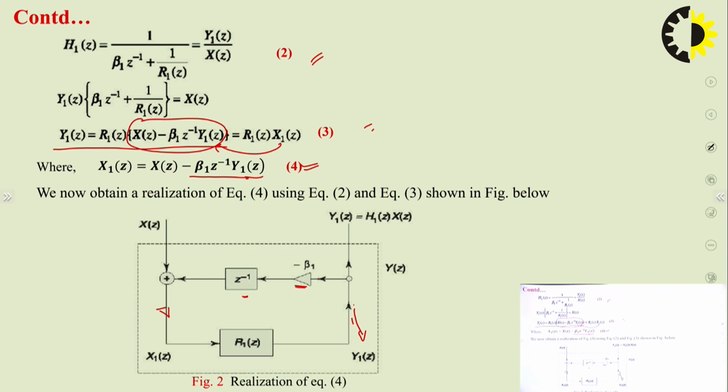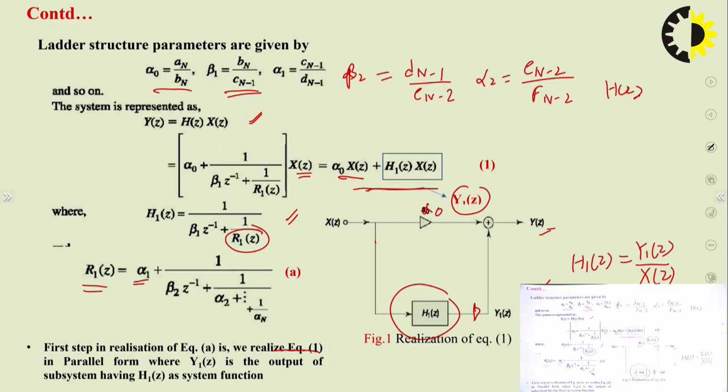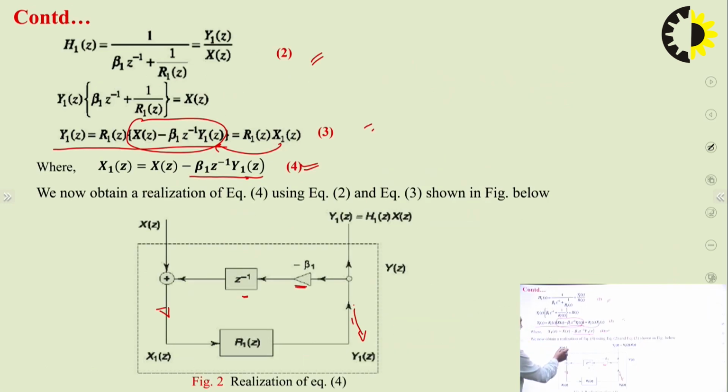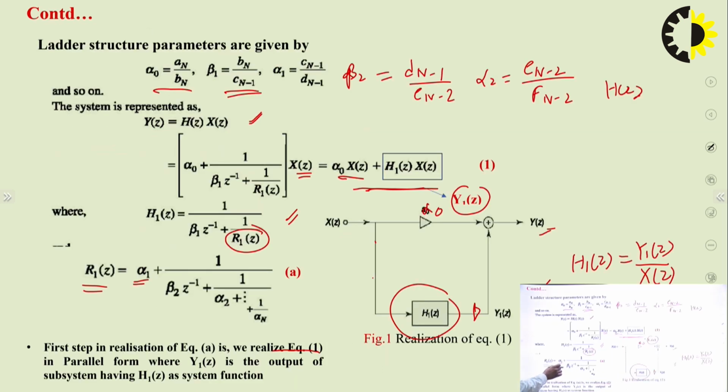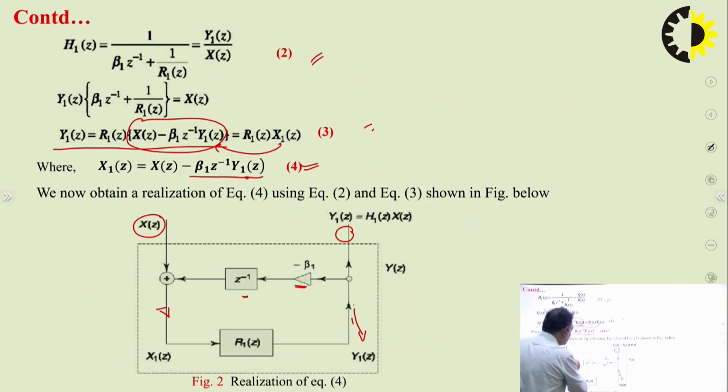Now what we can see, if you look at the realization of equation number 1, is this H1(z). H1(z) has input X(z) and output Y1(z). So you can see here the input X(z) and output Y1(z). Now we will replace H1(z) by this complete structure.